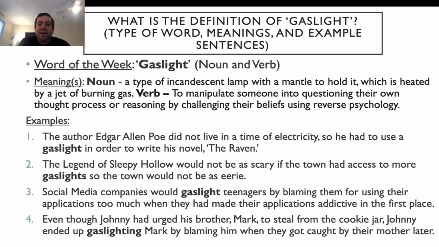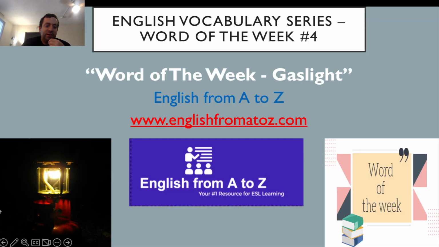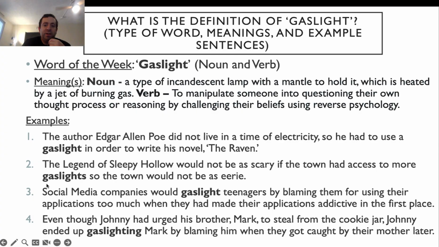But you burn gas to kind of heat it, so it provides the lamp with energy. So basically, the gaslight is used on the go, kind of a more primitive form of lighting, but which was used for quite a while. Sometimes it's still used today to get around when it's dark out. But yeah, basically that's the noun version or meaning of the word gaslight.